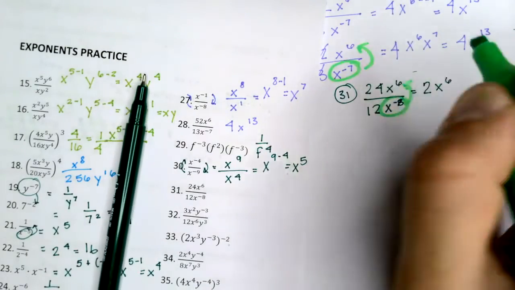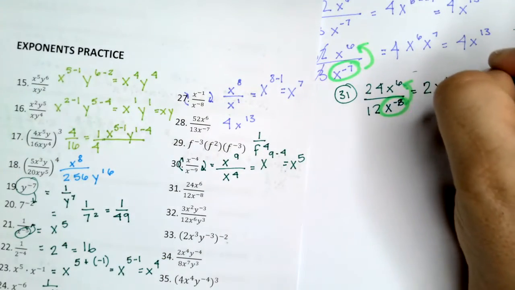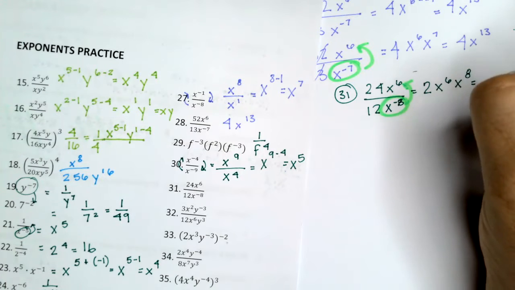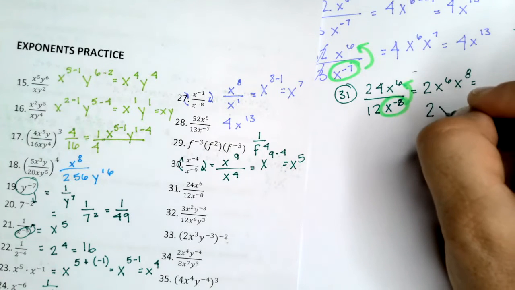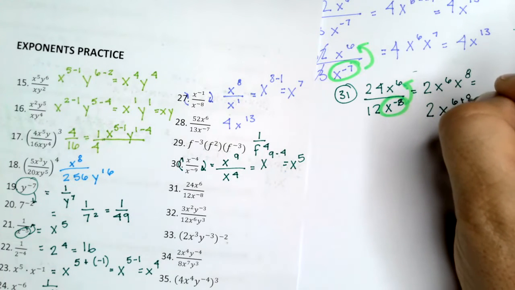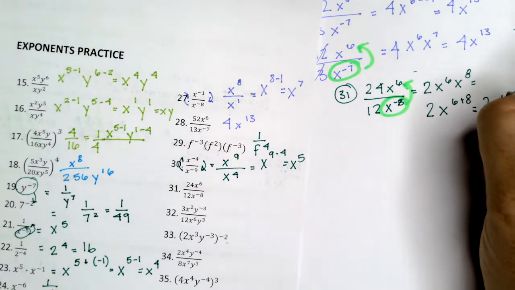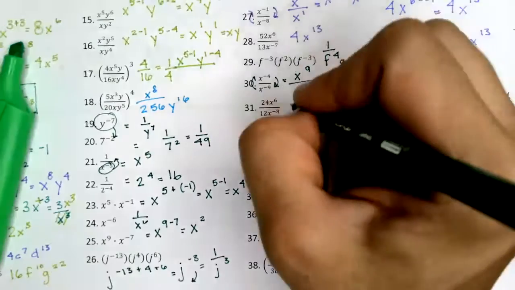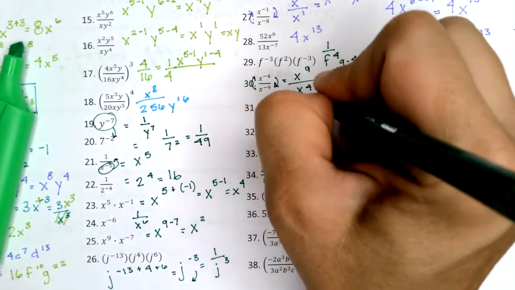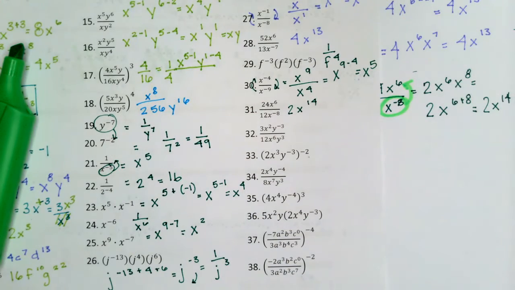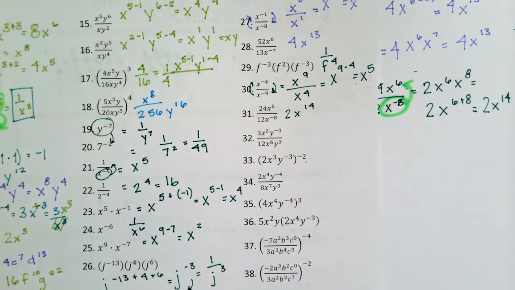So I want to move it up here. x to the 6th, x to the 8th, which is 2x to the 6th plus 8, which is 2x to the 14th. Good.